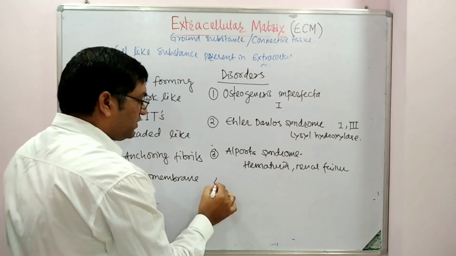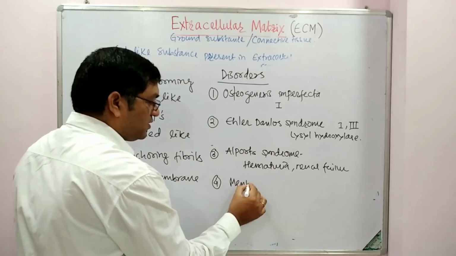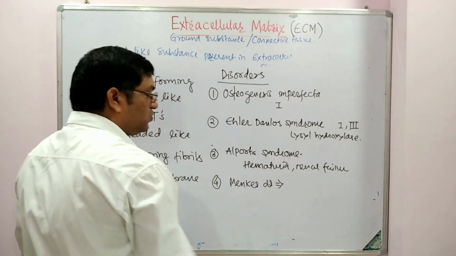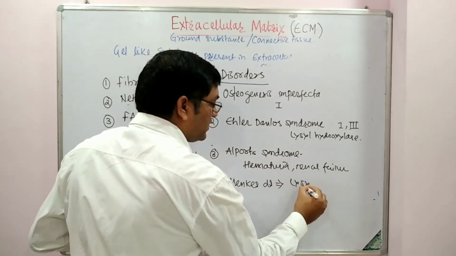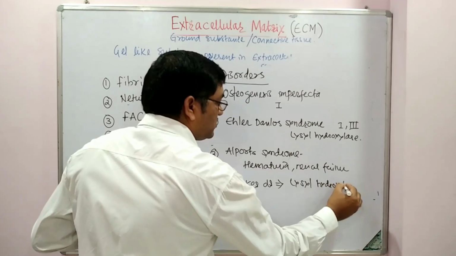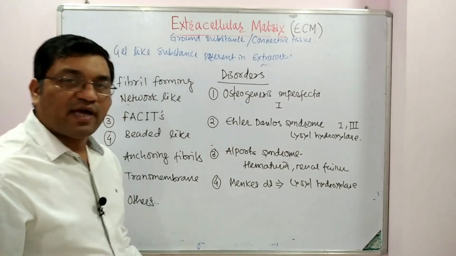Now fourth one is Menkes disease. It is due to deficiency of lysyl hydroxylase, caused by defective copper absorption.